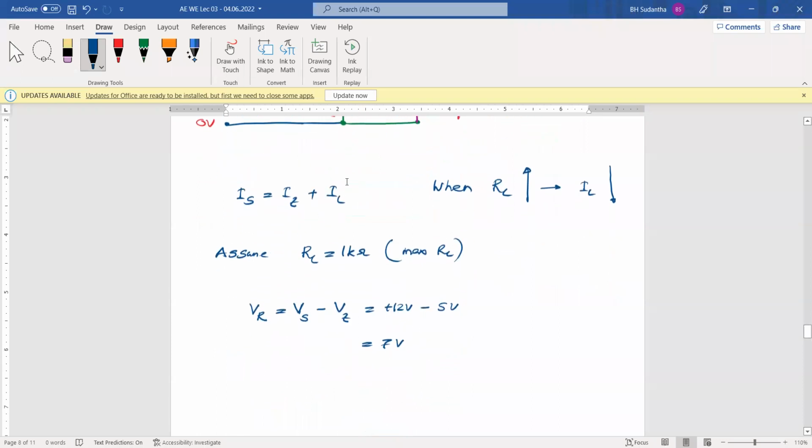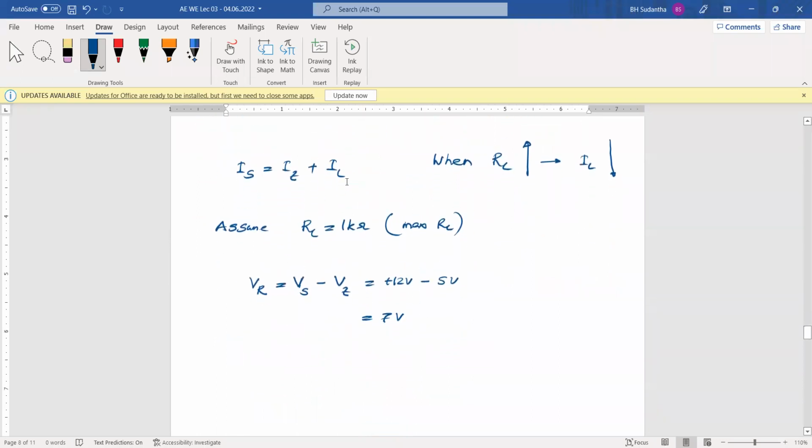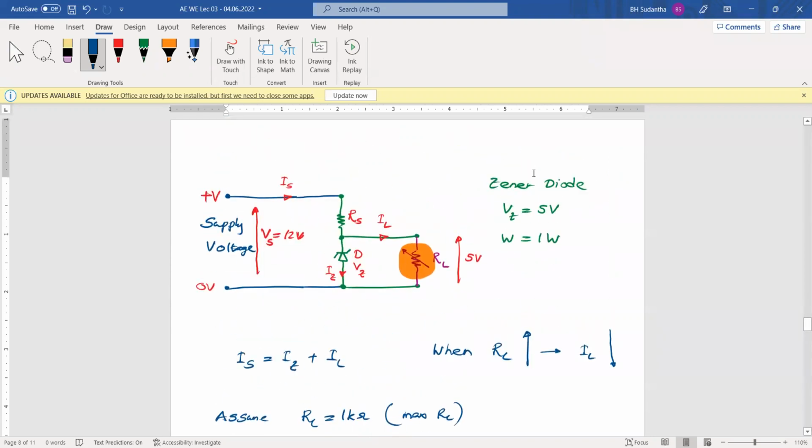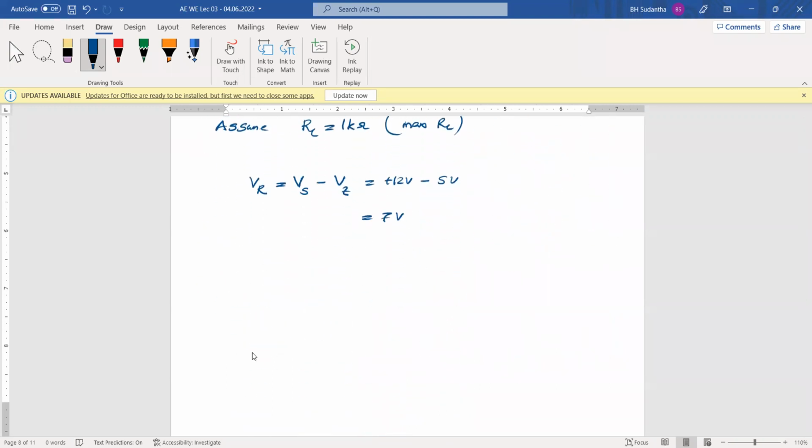Okay. Then we can find how much current the Zener diode can handle. How much maximum Zener current can the Zener diode handle? The maximum IZ current it can handle is how much? 1 watt divided by 5 volts.